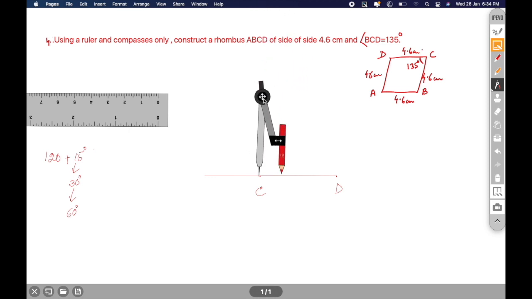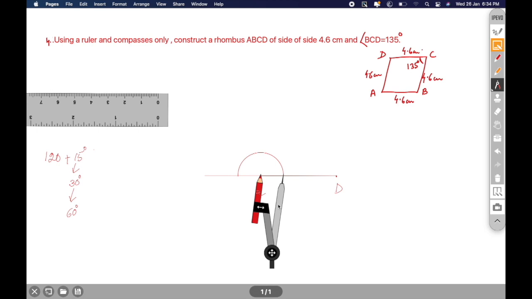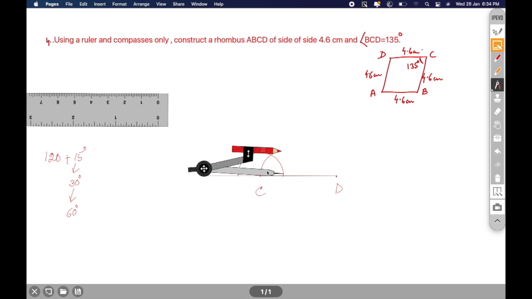So for this, with C as center and a small radius, we have to draw an arc to construct 120 degrees first. So now with this point as the center and same radius, I will draw the first arc giving me 60 degree. This point of intersection as the center and same radius, I draw the next arc giving me 120 degree.